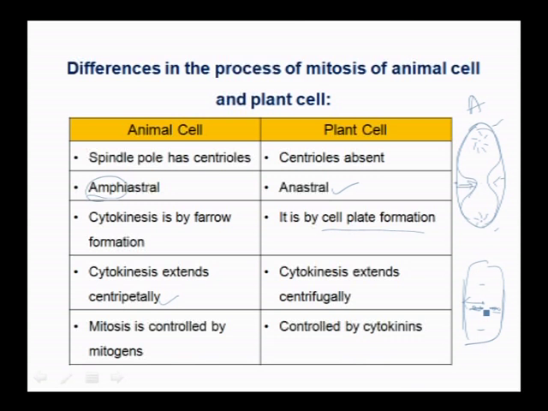Therefore, it is centrifugal. The last difference is regarding the controlling of the process. In animal cell, chemicals referred to as mitogens will control the process of mitosis, whereas in plant cell they are controlled by phytohormones or plant hormones called cytokinins.